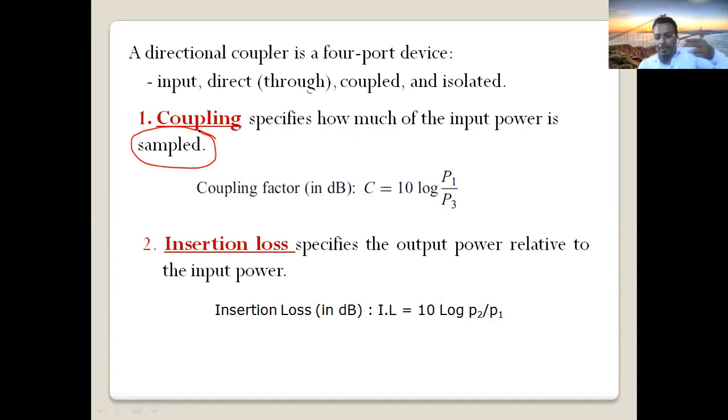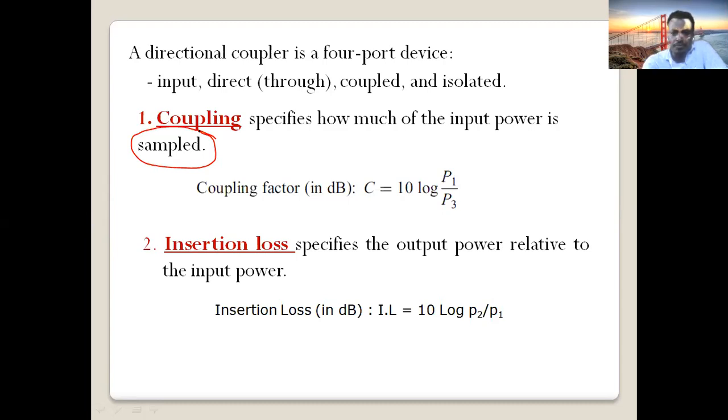To take some sample from the main transmission, right, by coupling, to divide a signal into 2 parts. So how much power is sampled? How much power is coupled from the main transmission line to the coupled line? From P1 to P3, how much power is coupled? It depends on C, the coupling specification of a directional coupler.